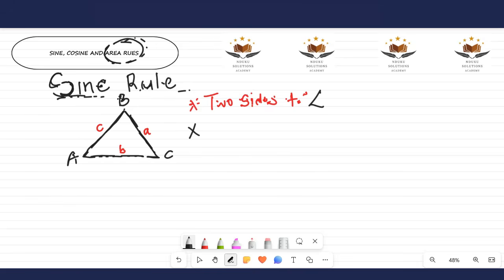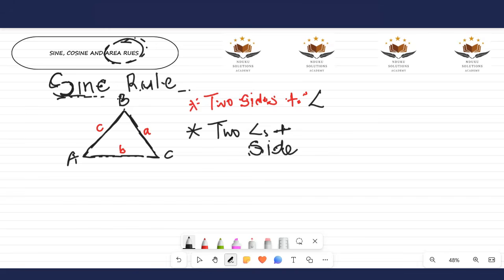So the other combination is having two angles plus a side.